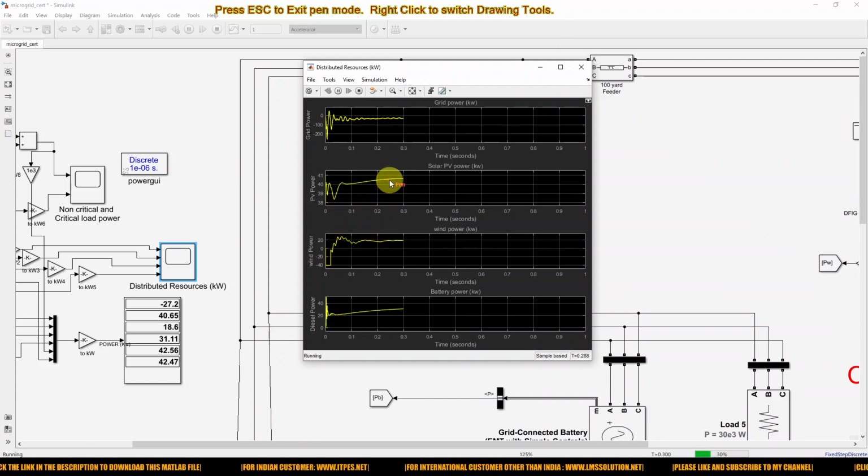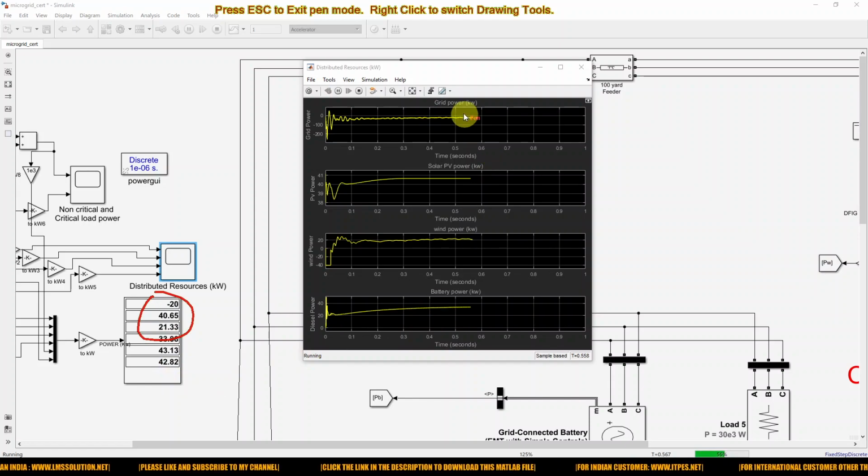Sorry, not 80, so 40.5 kilowatt. The wind power is maintained around 20 kilowatt, and the battery power is maintained around 33 kilowatt. Here you can see the variation of grid power, PV power, wind power, and battery power.